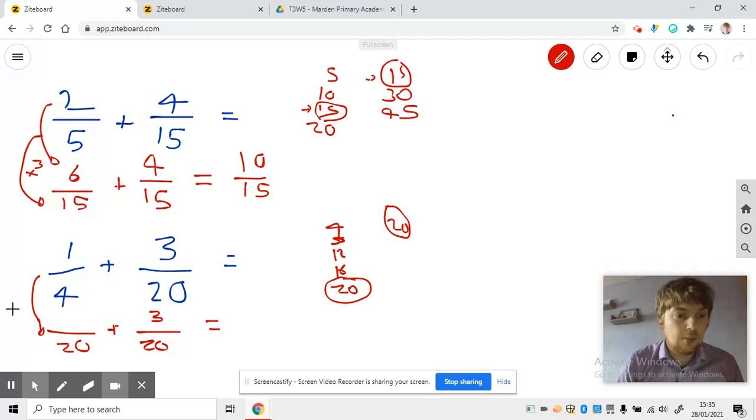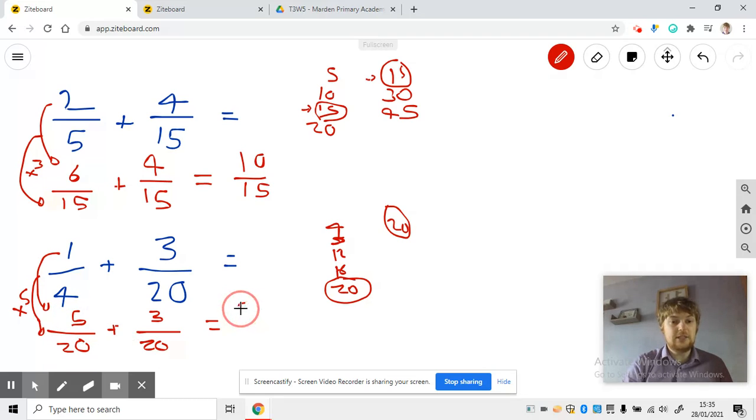Well, we multiply by 5, because 4 times 5 is 20. So therefore I do the same to this numerator, because whatever I do to my denominator, I do to my numerator. 1 times 5 is 5, and therefore 5/20 add 3/20 equals 8/20.